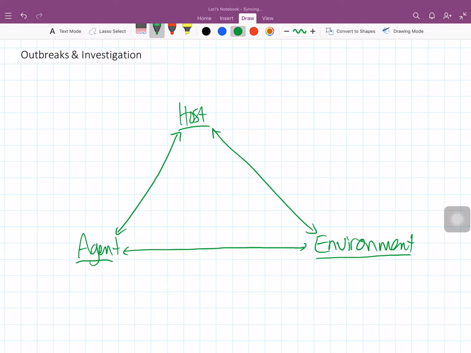So let's talk about the host really quickly and some of the common things that can impact. So in terms of the host, there are often health factors that can impact, and there are also behavioral factors that can impact whether a person becomes infected.